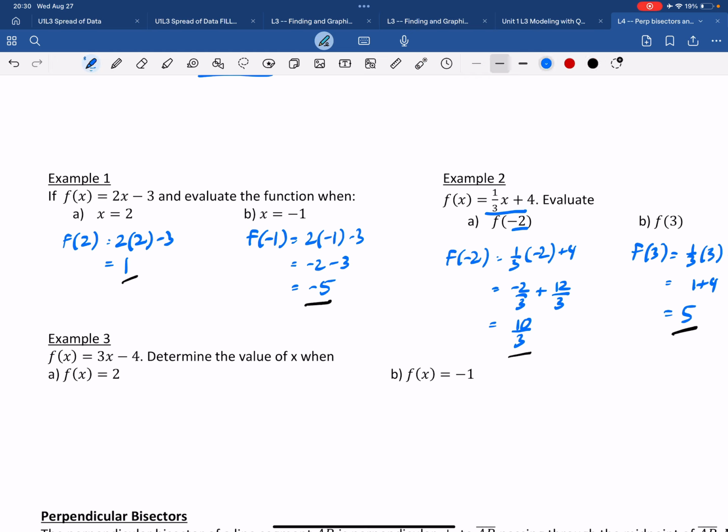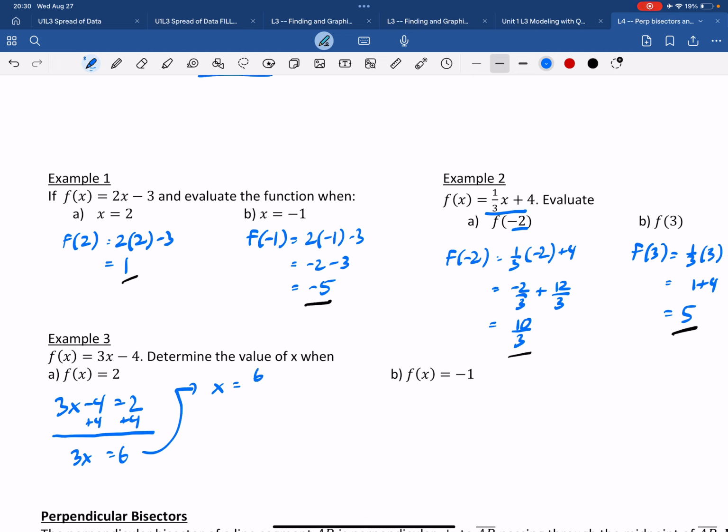So in this case, I'm just going to set the whole thing, f of x, well, that's 3x minus 4, and that's equal to 2, right? F of x is that, 2 is this, and now we can solve for x, right? So what we'll do is we'll add 4 to both sides, okay? If we do that, we get 3x is equal to 6.